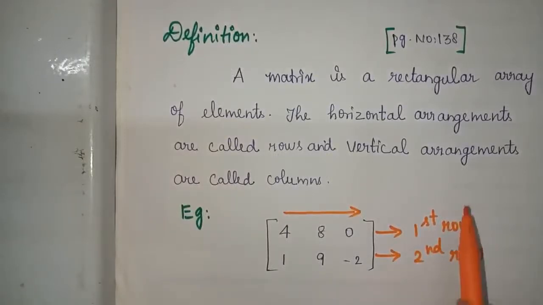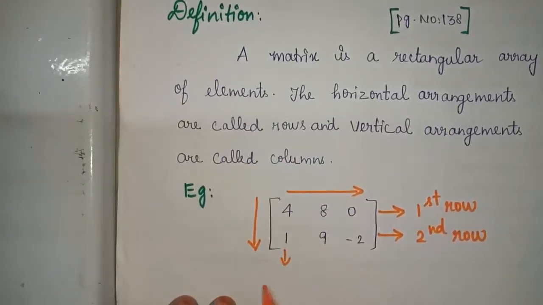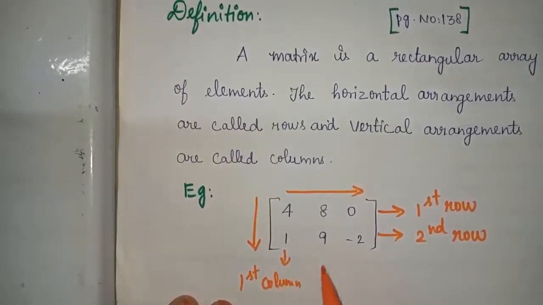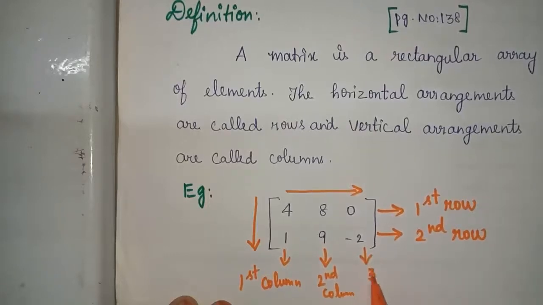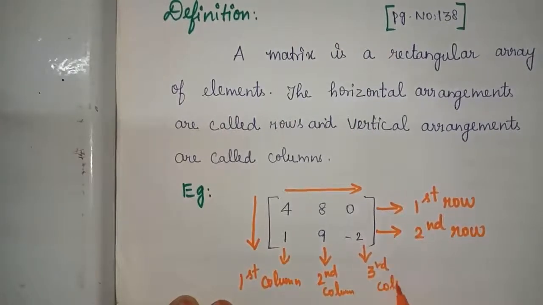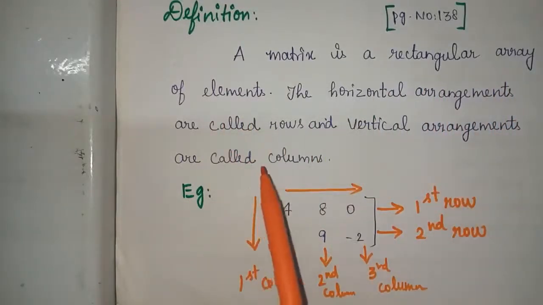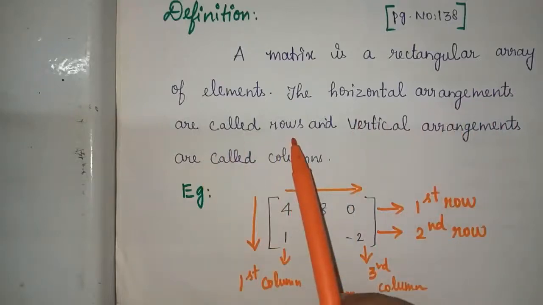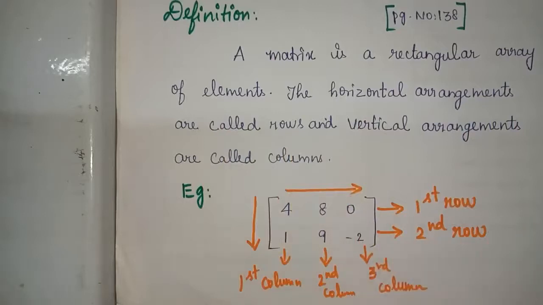Then the vertical arrangements are called columns. Vertical means this. So this is the first column, then the second column, and finally this is the third column. So a matrix is a rectangular array of elements. The horizontal arrangements are called rows and vertical arrangements are called columns.